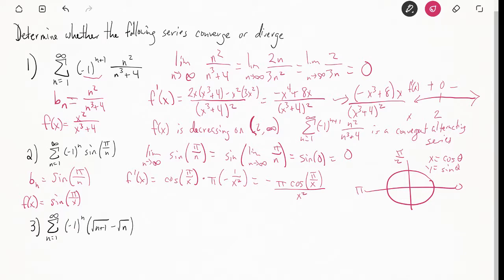So when you're looking at this, the first value would be when we plug in 1, notice you get cosine of pi. So you start here, and your x value would be negative 1. Then your x value gets to be 0, right, when x equals pi over 2. So actually for this derivative, we have x, we have f prime of x, and we have 2 as our magical value where this thing gets 0. Okay?